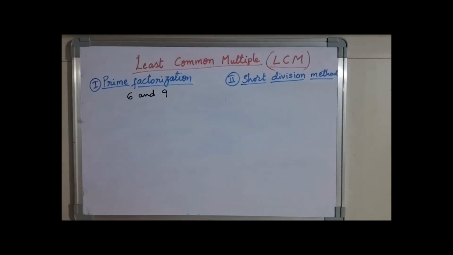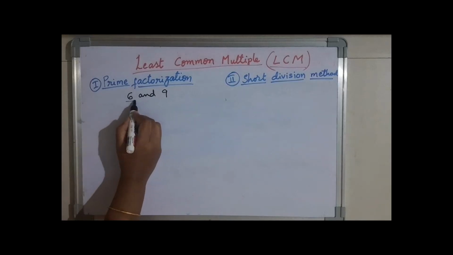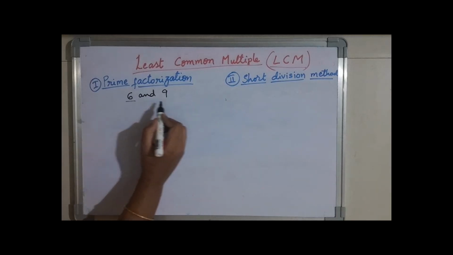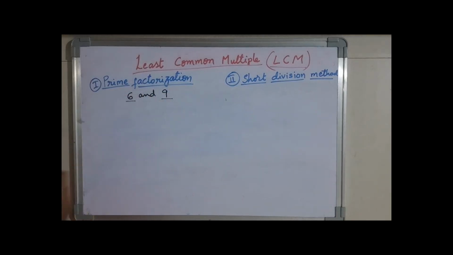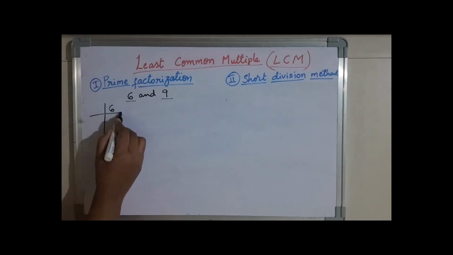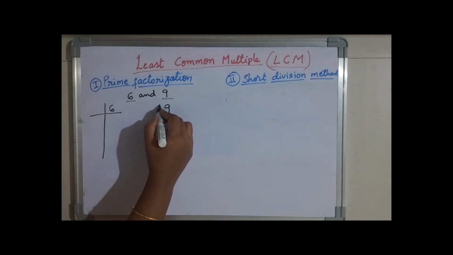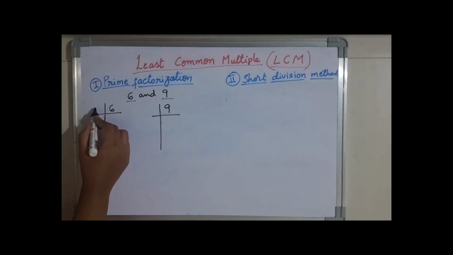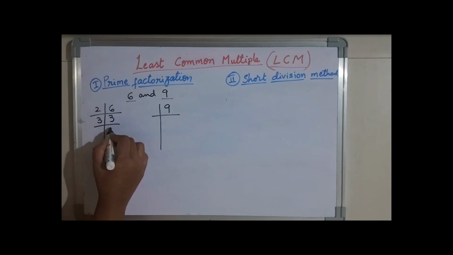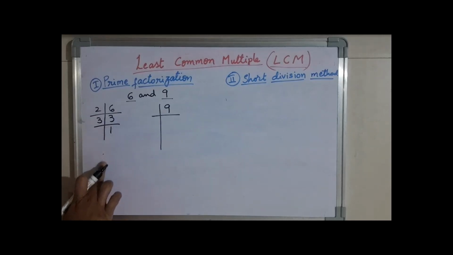Let us find the least common multiple of 6 and 9 through the prime factorization method. First we have to find the prime factorization of 6 and 9 separately. 2 3s are 6, and 3 1s are 3.